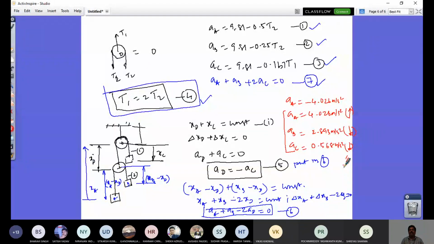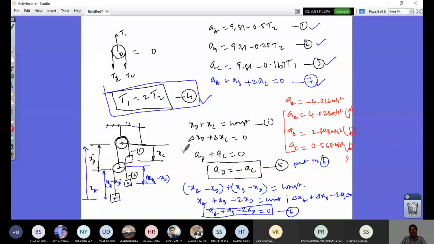These are the kind of problems which fall in the category of kinetics. Why? Because here the data of the problem is such that you are asked to find the acceleration straight away. You are not given any motion parameter data. Like in rigid body mechanics, where you have a double pulley and one block's velocity and initial position are given, then you can find the other block using a kinematic relation that we have studied.